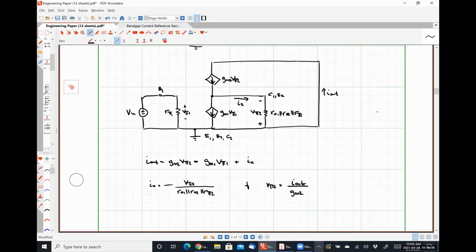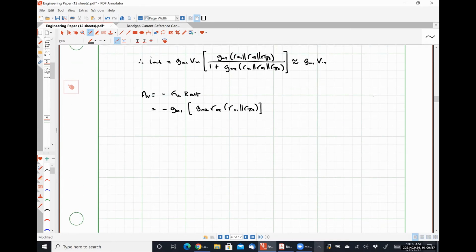All right, so we have our voltage gain, again, because GM1 and GM2 are effectively going to be equal, and R01 and R02 are going to be equal. We can say that this is negative GM1 squared R01 times R01 in parallel with R pi 2.